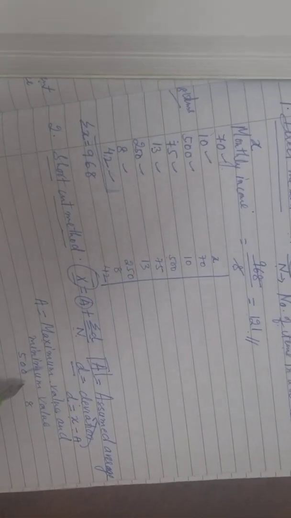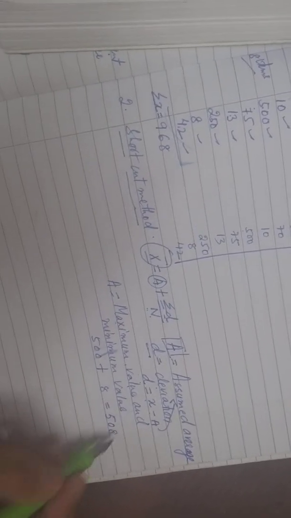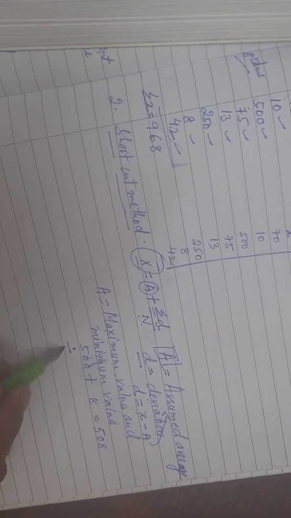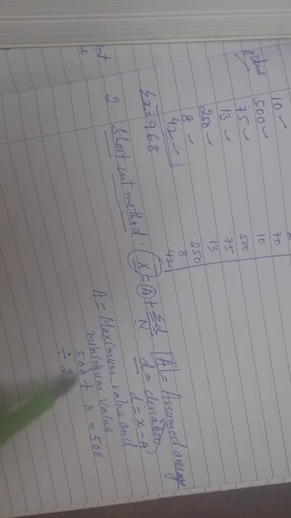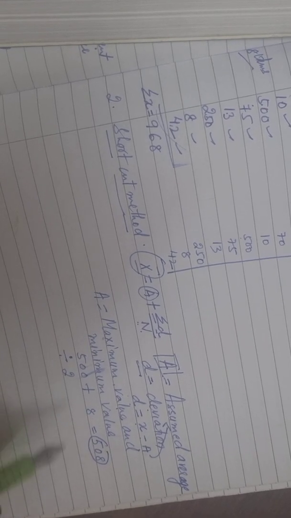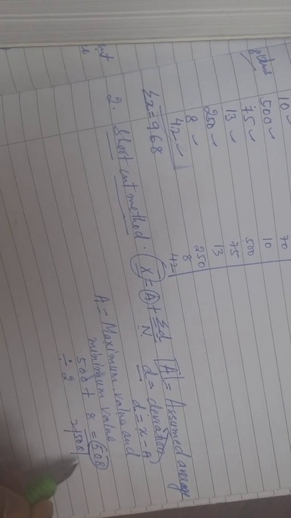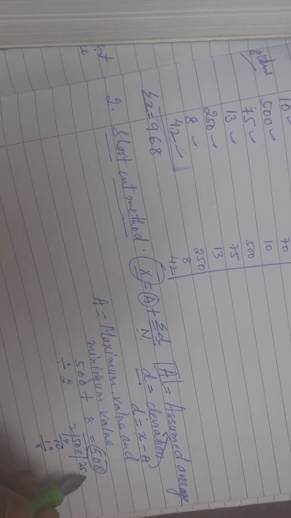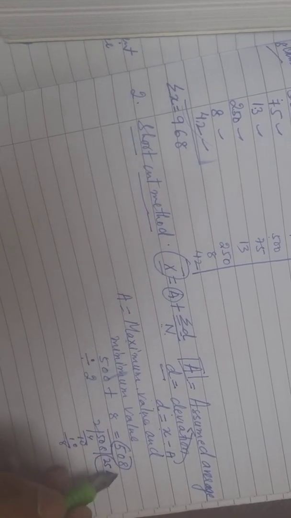Now add them up, and you get 508. Then divide it by 2. So how much will you get? 508 divided by 2: 2 2s are 4, 1 0, 5 10, 2 4s are 8. So we are getting 254.